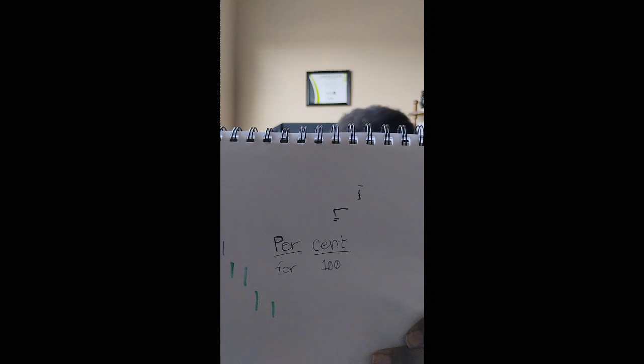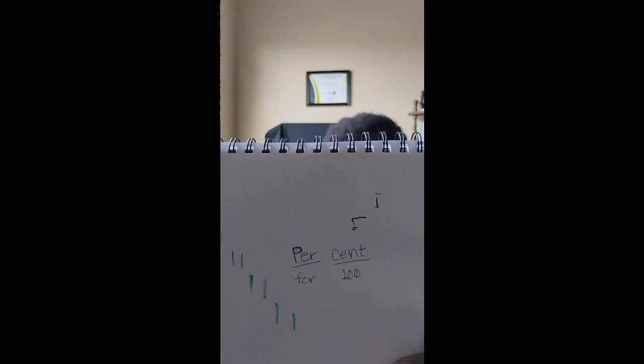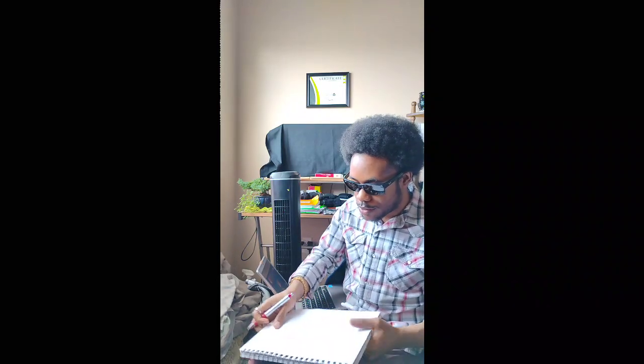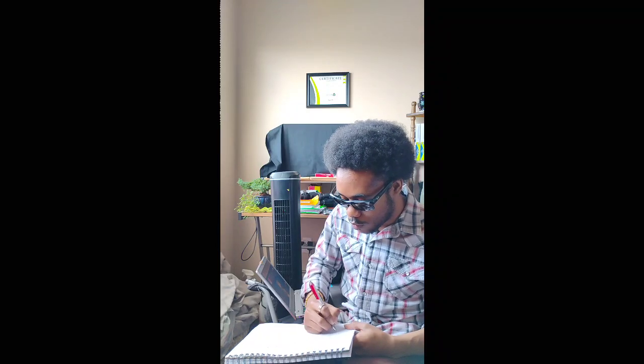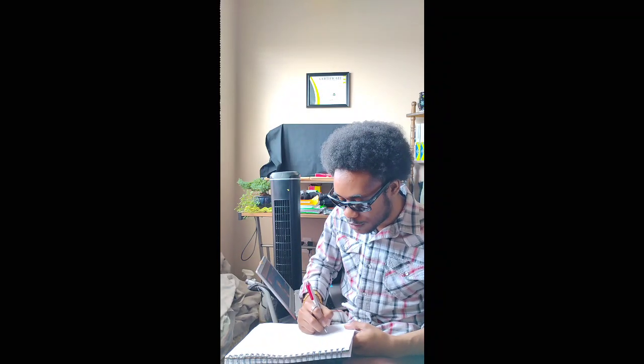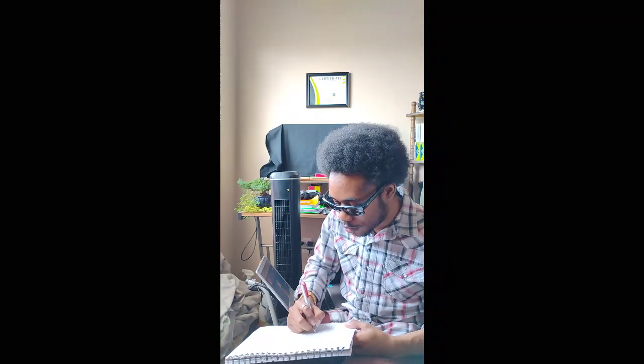All right, so that's close range for y'all. So he said percent. He said per means 4 and cent is 100. So there was a problem like this right here. What is 7% of 300?